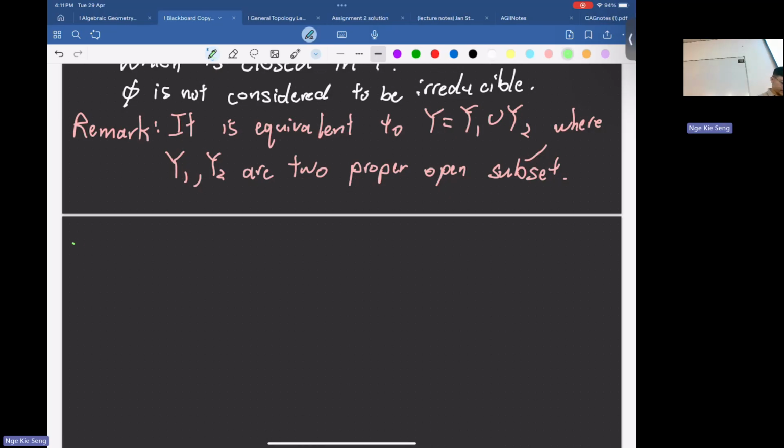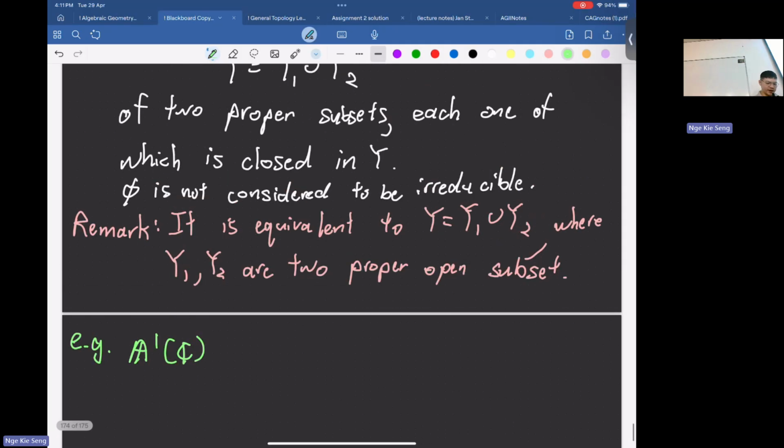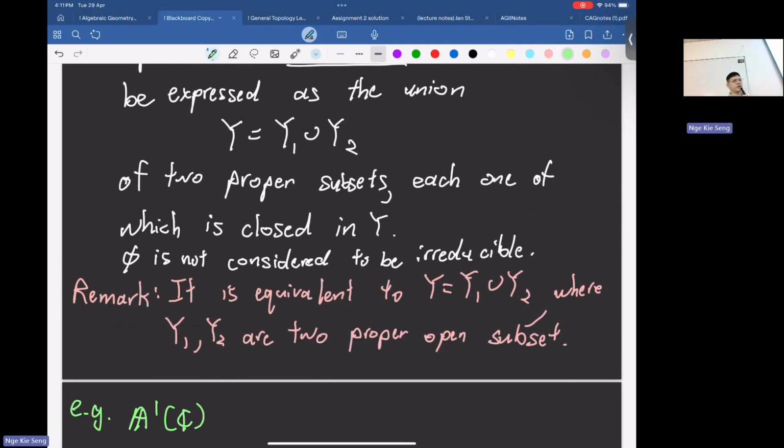All right. So for example, is A1 irreducible or not? Can you split A1 into a union of two proper closed sets or not? What are the proper closed sets in A1? Yesterday we proved they are finite sets.